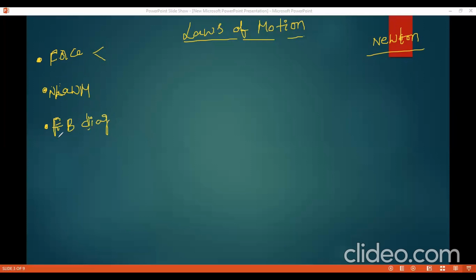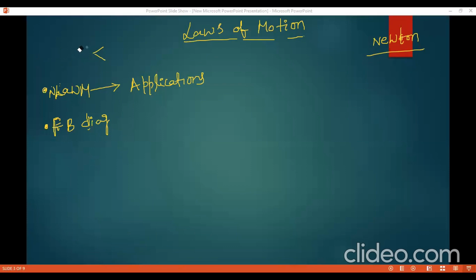And depending upon this free body diagram, how this is related to the numericals we observe. And after Newton's laws of motion, what are its applications where these can be generally used? All these things we are going to study in this video.